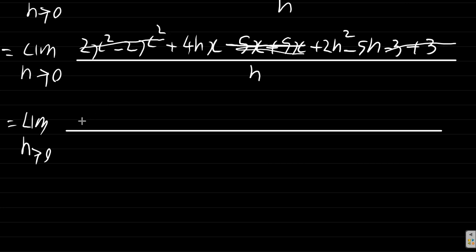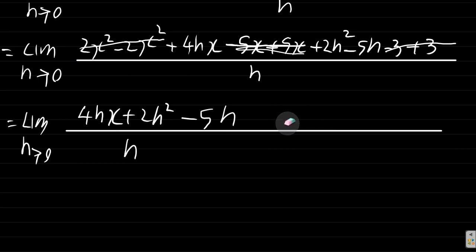Let's write down what we have. 4hx plus 2h squared minus 5h, that takes care of everything, over h. Right, it didn't need to be that long. Equal. Alright. Is the limit as h tends to 0 of.